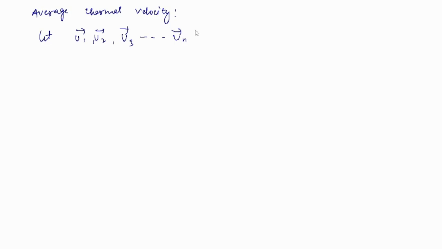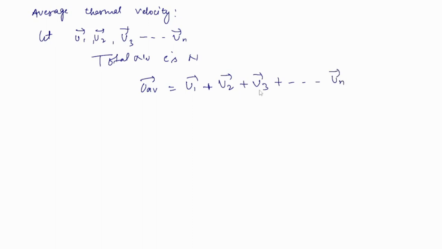at any given instant. If the total number of free electrons is n, then the average thermal velocity is defined as vector u1 plus vector u2 plus vector u3 plus and so on up to vector un, divided by n.